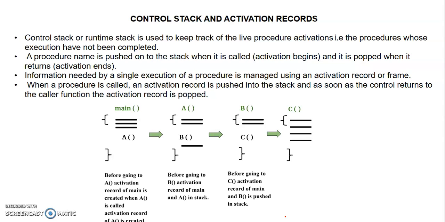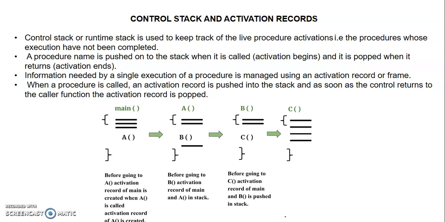Now, how is this activation tree node information to be stored? So for that, the compiler uses control stacks and it stores activation records in this control stack. So what is a control stack basically?